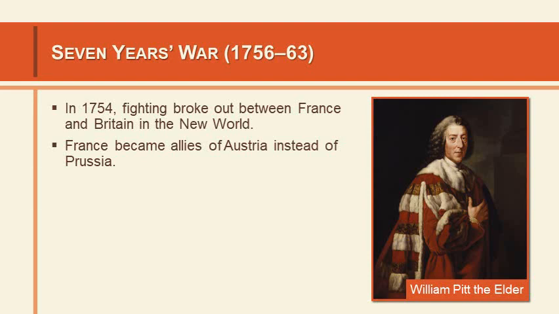So now France, who had been warring with Austria in the previous war, is now joining with Austria in order to try to stop Prussia. So it says here they reverse course.